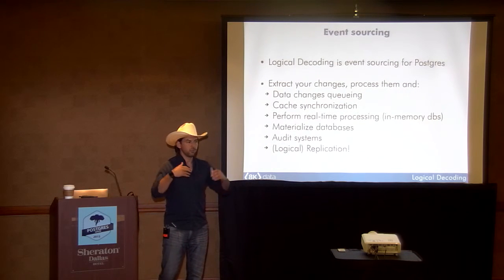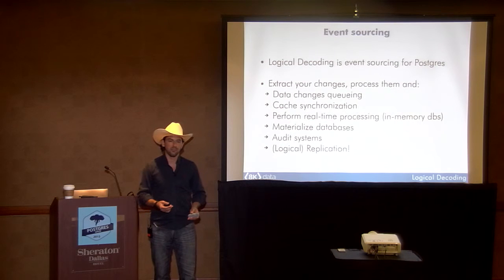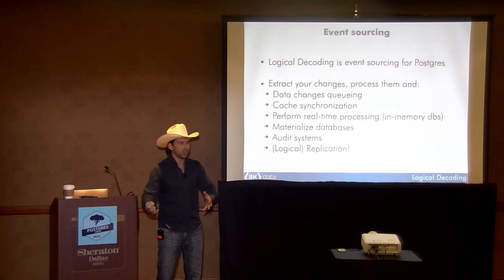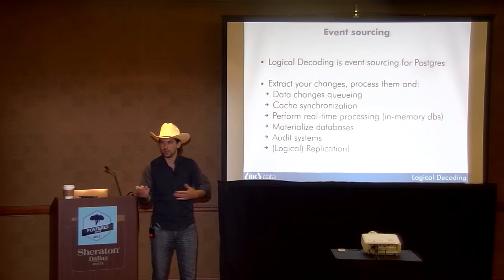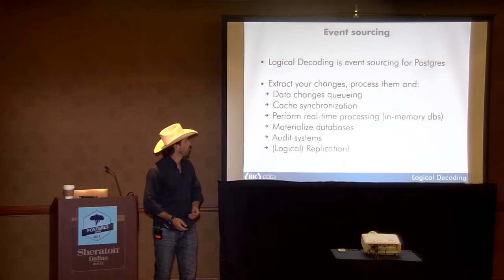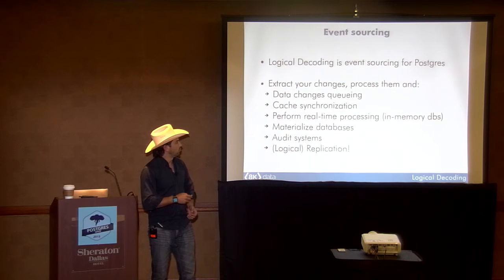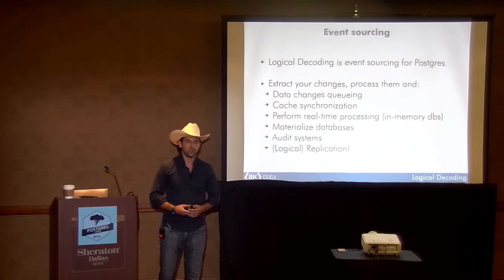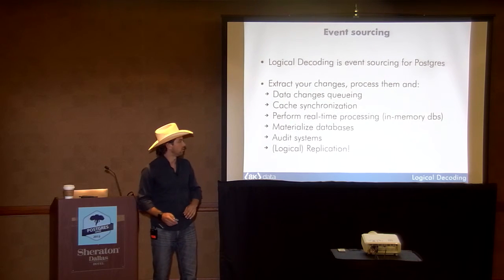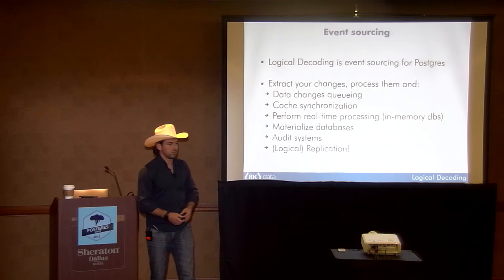Rather than programming triggers or doing weird stuff to update your in-memory cache, you just let the cache consume these changes and decide to add new values, replace values, delete values, invalidate or whatever. You can do real-time processing, so you can have an in-memory database, which is a side database to your main architecture, where you can do real-time stuff on your data. You can audit systems.